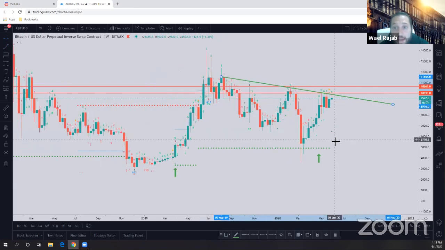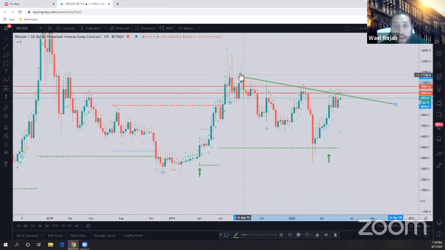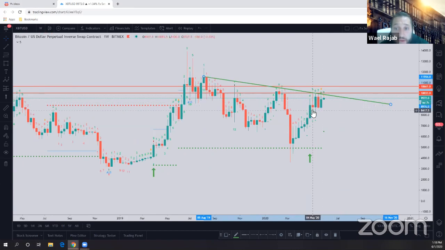Unless you're biased, this is a textbook short. This is looking like a W right here. You had this large weekly candle, it reversed the whole move, but then this candle right here, with these large candles, and then you get the whole big candle retrace.